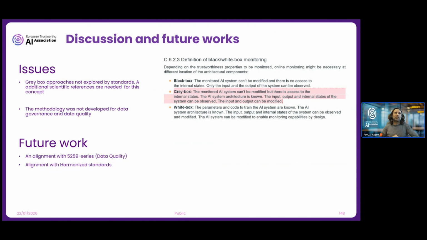But as I said in the first step, we have to identify gaps too. So when we have some additional things in the methodology or additional things in the standards, we have to identify them. For example, in the methodology we are talking about gray box, and there is no gray box in the standard, and we should know if the technical experts need this gray box.